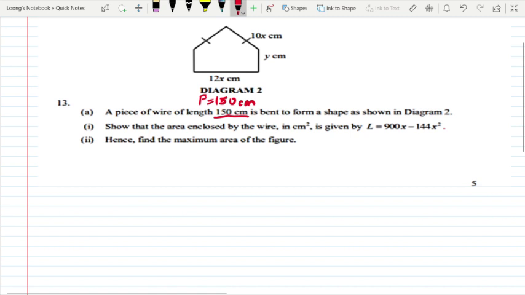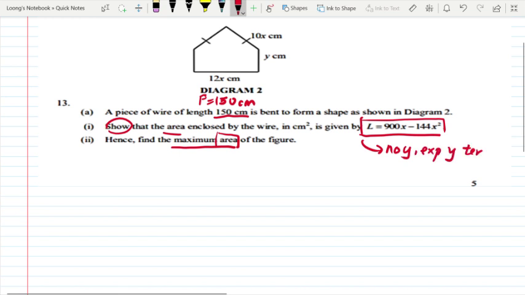Then we need to show that the area is equal to L, this equation here, and also find the maximum area. For the area, we could see that there is no y, which means that we need to express y in terms of x.